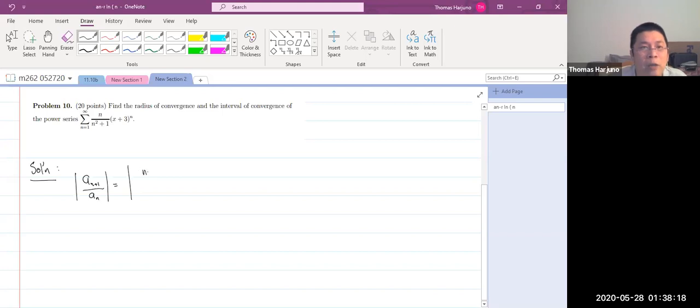Then that will be (n plus 1) over ((n plus 1) squared plus 1) times (x plus 3) to the power of n plus 1, times the reciprocal of that. That would be (n squared plus 1) over n times (x plus 3) to the n, in absolute value.